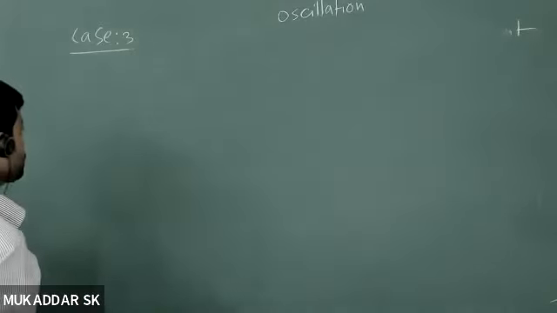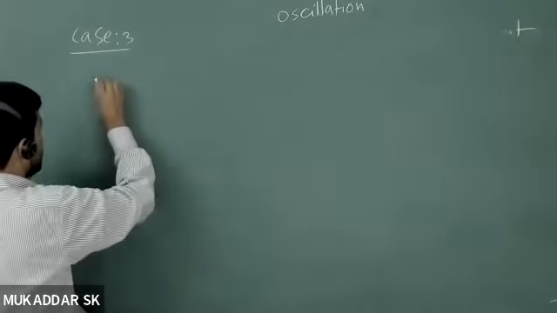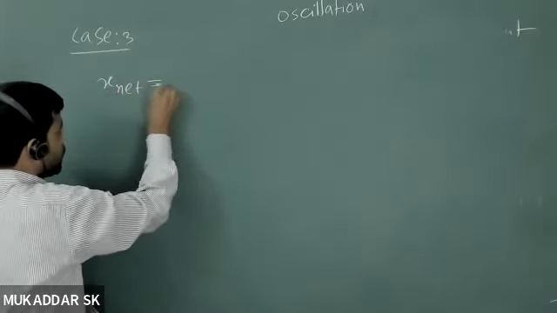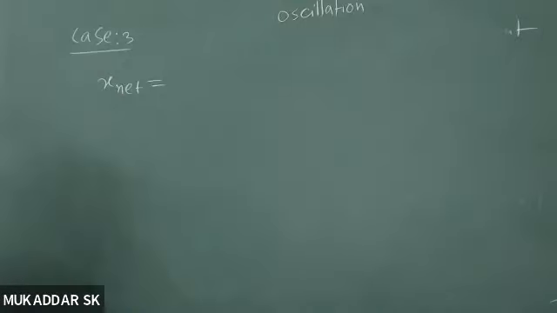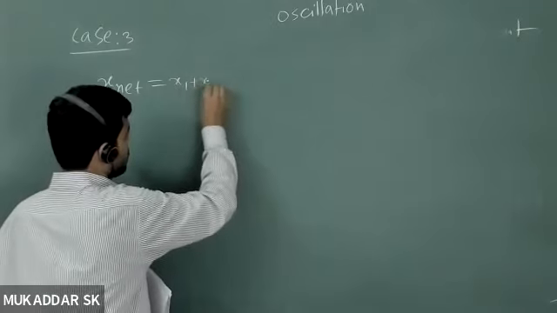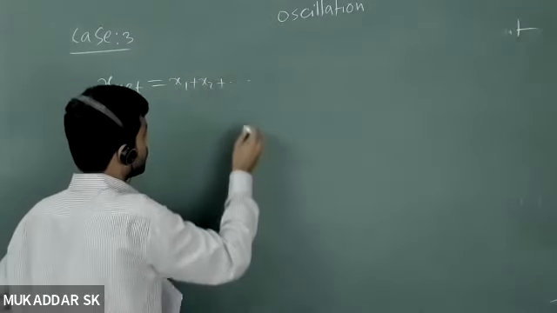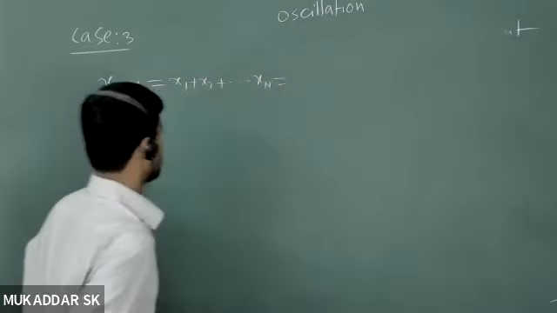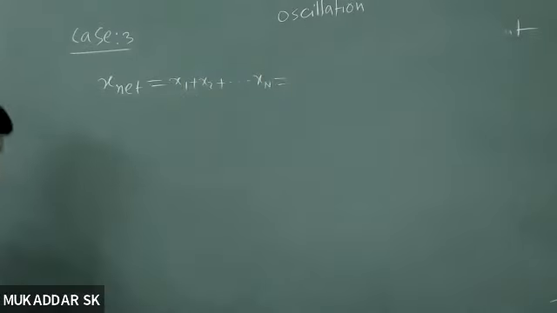Okay. Now the net displacement x net due to the superposition of n number of oscillators. I can write x1 plus x2 up to xn, right? You just have to add them, and that should be a vector sum.